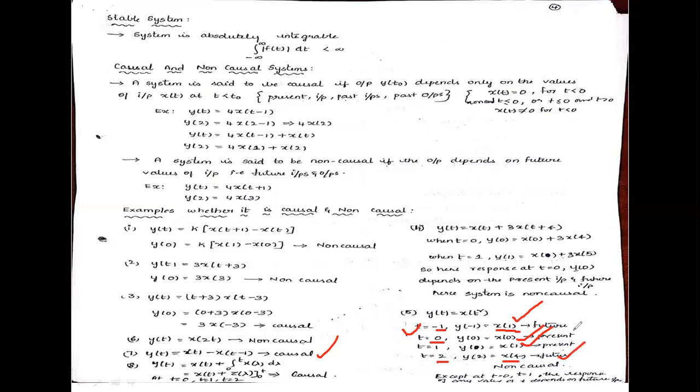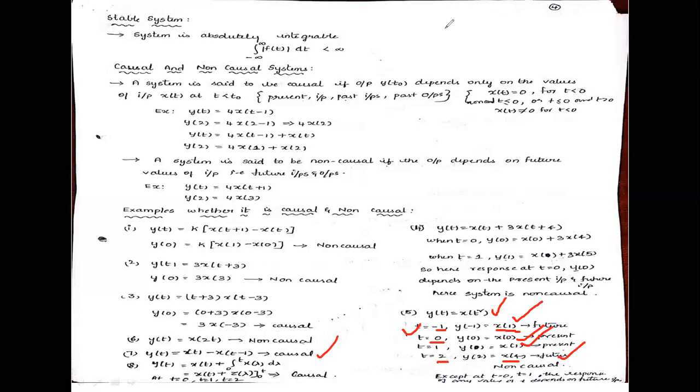So it depends upon the future value, which means y of t equals x of t square is a non-causal system. Except t equal to 0 and t equal to 1, the response for any other value depends upon the future input.